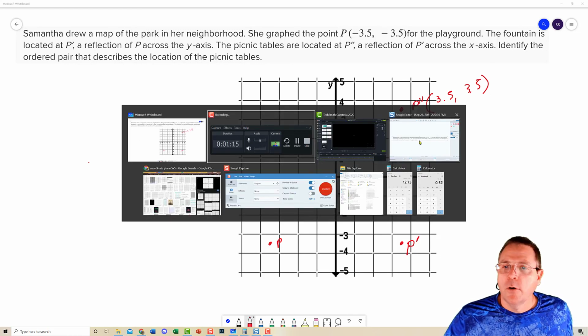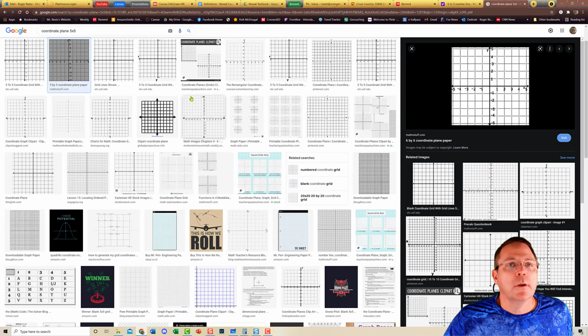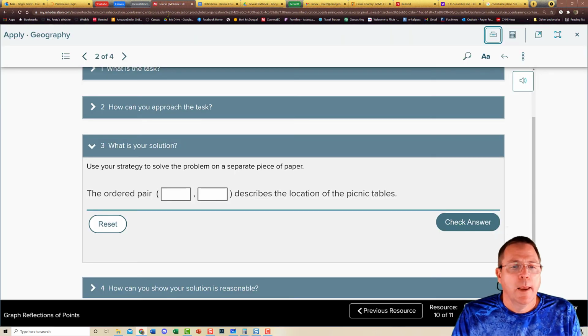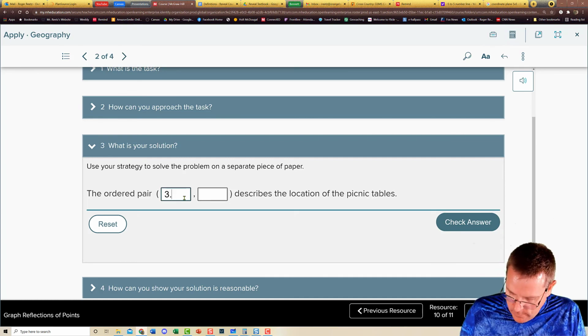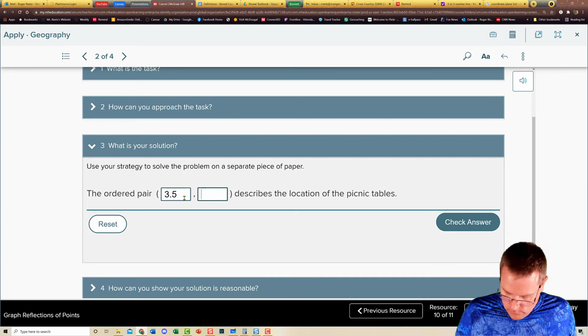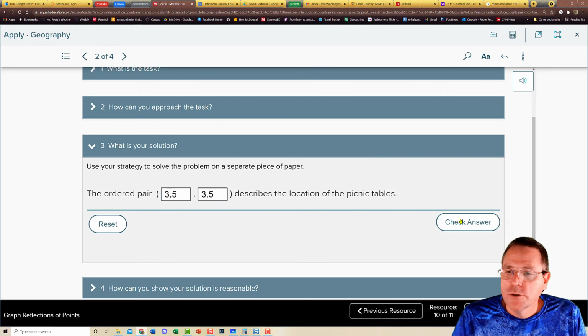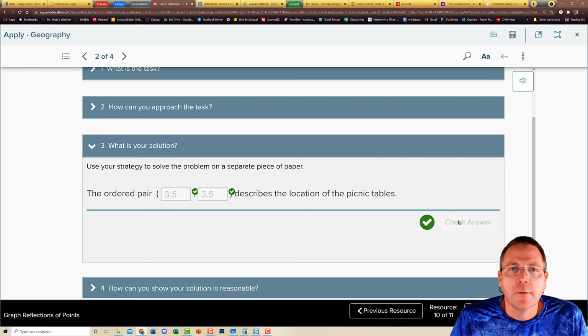With that, we can go back over to our problems. If I can find that particular screen here, right here and then right there, we're going to say that both of them are going to be a positive 3.5. Check our answers, and the answer checks.